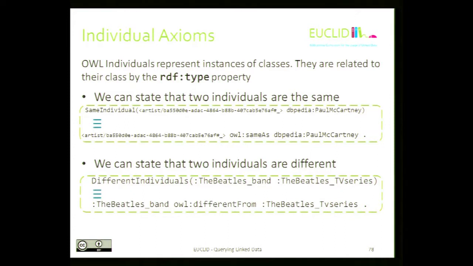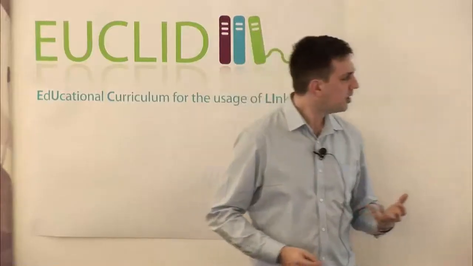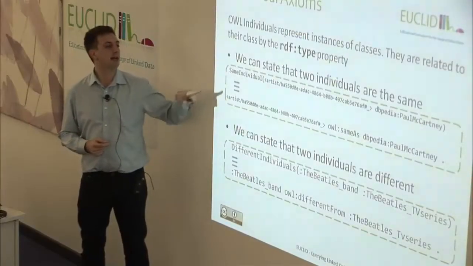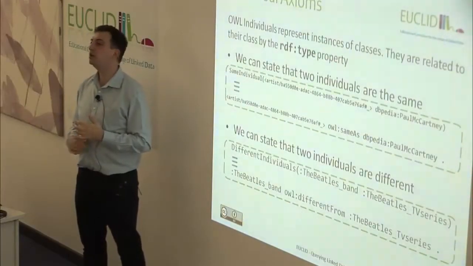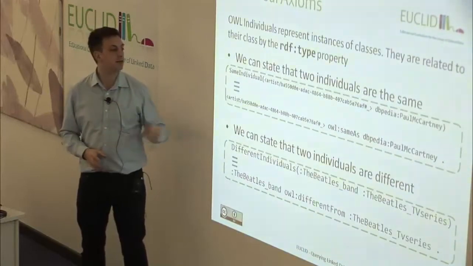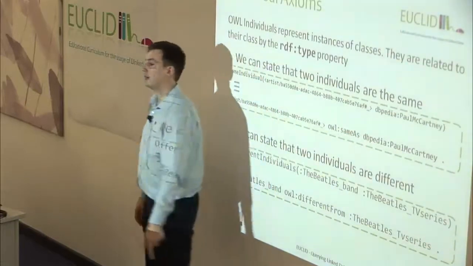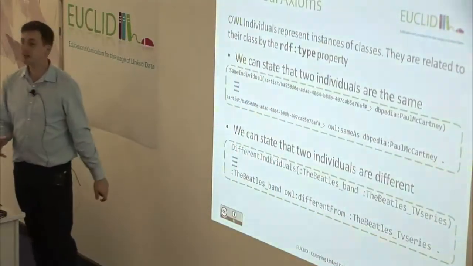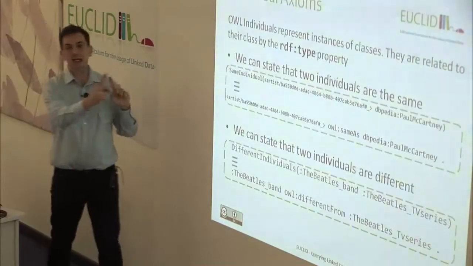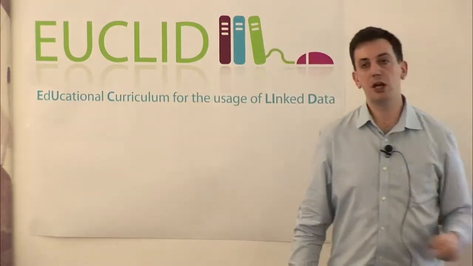Okay, we can assert, this is actually the crux of what I was talking about earlier, the on-the-fly entailment that we've had. If we assert in the abstract syntax that two things are the same individual, the way that we write that in RDF is one is same as, according to the OWL vocabulary, the other. When we assert that, if we query using either of the IDs, we get all of the relationships, okay? Whether they were asserted in this ID or the other ID.